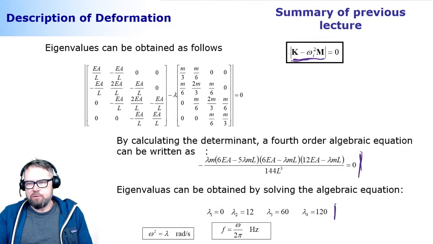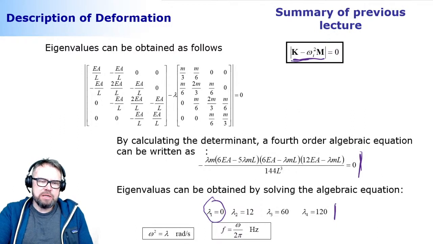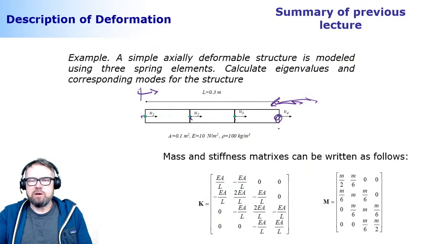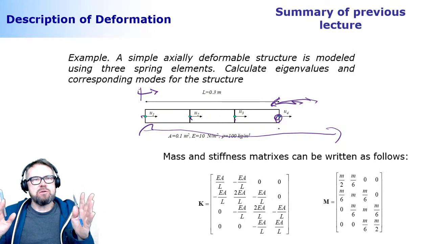I can find the 4 places where the polynomial is equal to 0, and these are the eigenvalues. The first eigenvalue is 0, telling that there is no boundary condition in this structure. The structure can move as a rigid body back and forth, so that first frequency is associated with that.